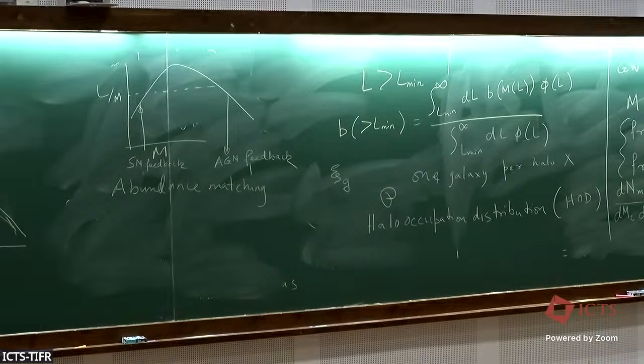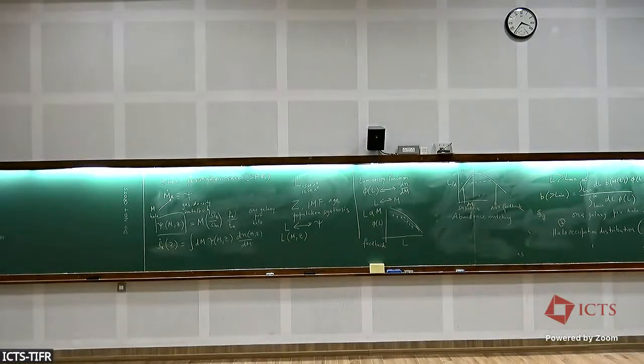Remember, this is still an extremely simple model, because we have said everything is given by halo mass, there is just one galaxy per halo. But even with that, you can see it can be quite intimidating to deal with. And the crucial thing here is to find a way to calculate this quantity and this quantity.